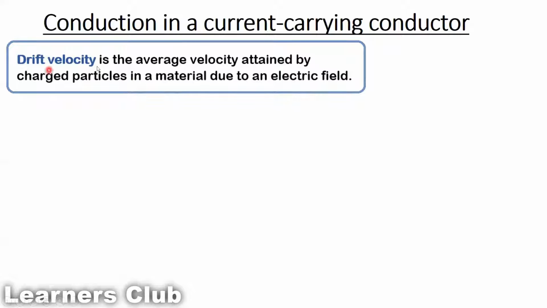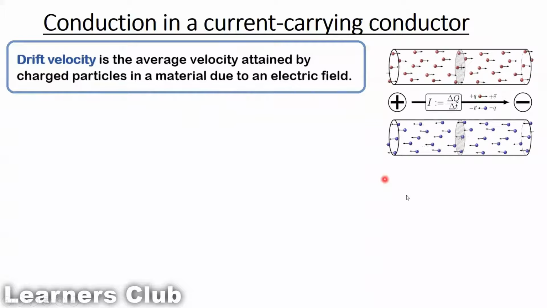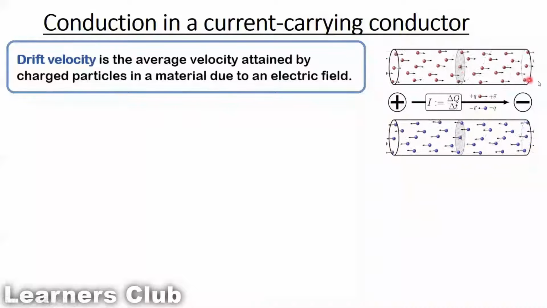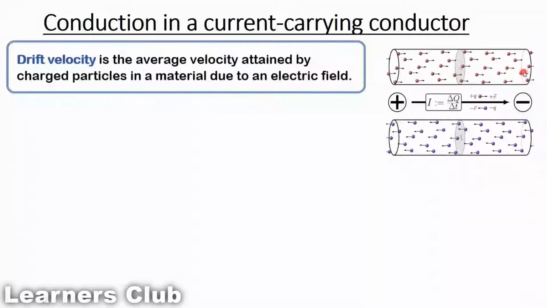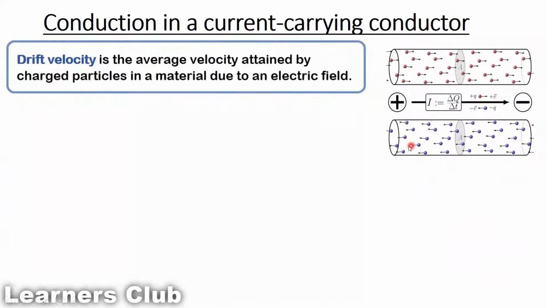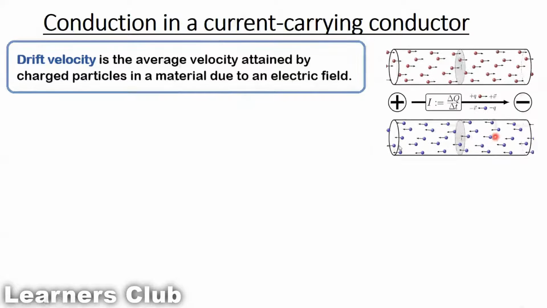So remember, drift velocity is the average velocity of the charged particle in a conductor. We can see that from positive to negative terminal, positive charge is flowing. This shows our conventional current direction, whereas we can see an equal number of electrons flowing from the negative terminal to the positive terminal. This is the electron flow direction.